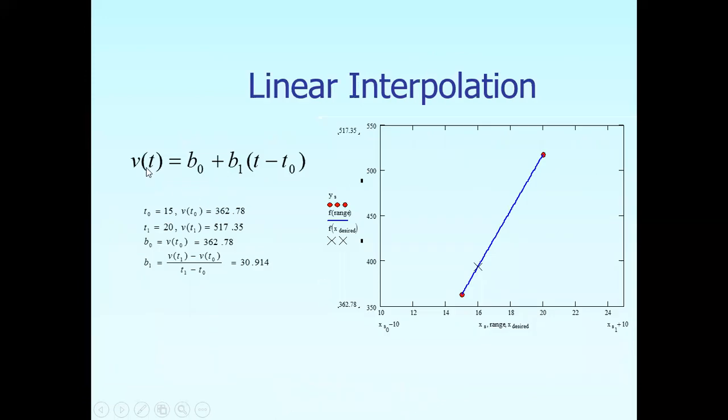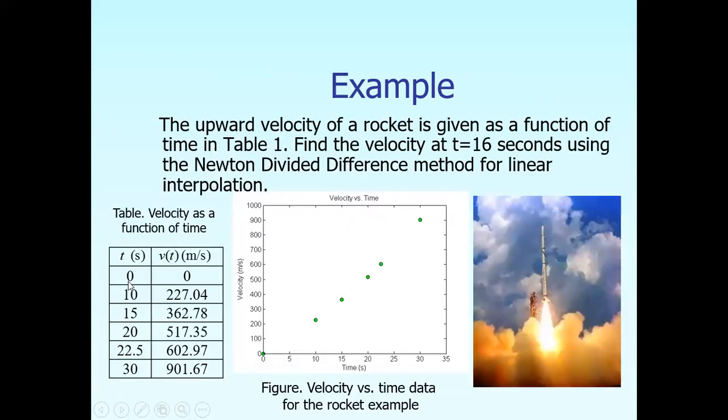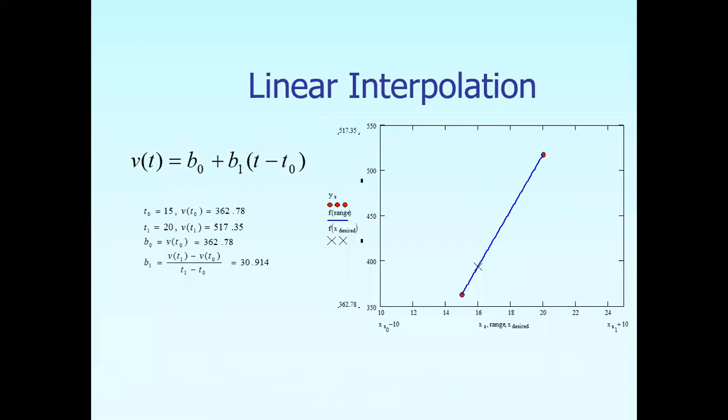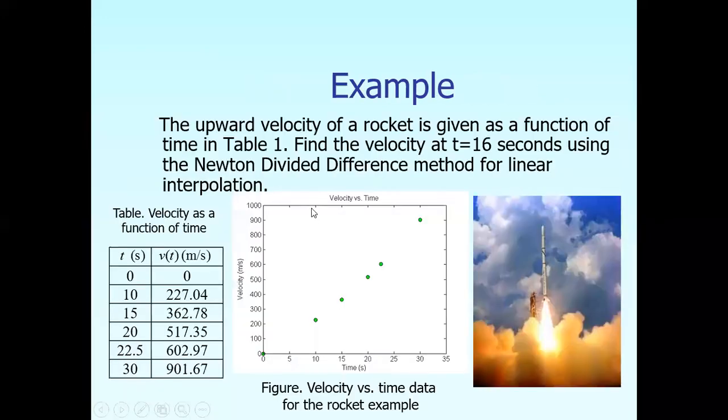Then the formula is v of t is equal to b0 plus b1 into t minus t0. The 16 is in between 15 to 20. Then we can find the values between 15 to 20.